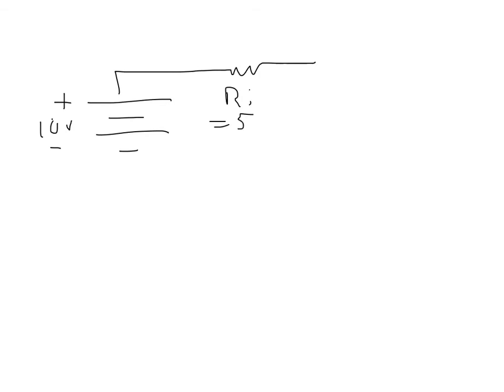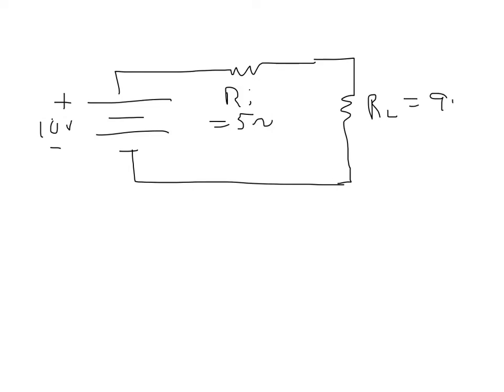So if my battery here, 10 volt battery, my internal resistance is 5 ohms, and my load resistor, let's just say, is the same 9 ohms that I had earlier.